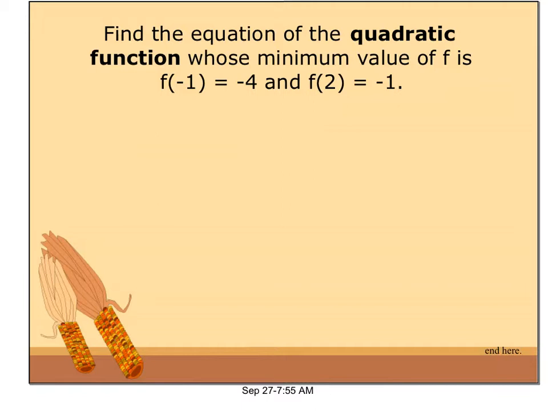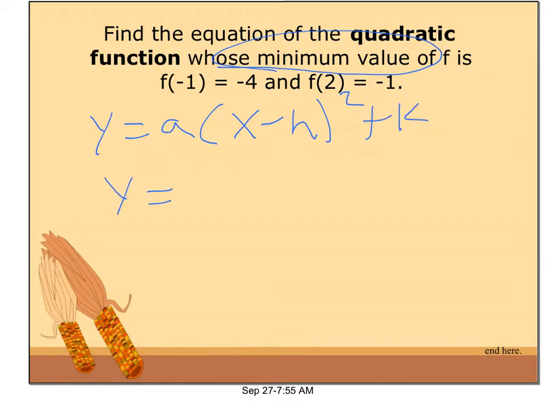What's going to be a little bit different is I'm going to use a different form. Okay. Here, this tells me the minimum value, which makes me think vertex. The minimum value, assuming this quadratic opens up, is the vertex.